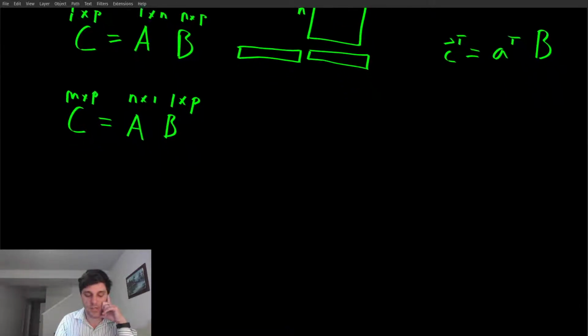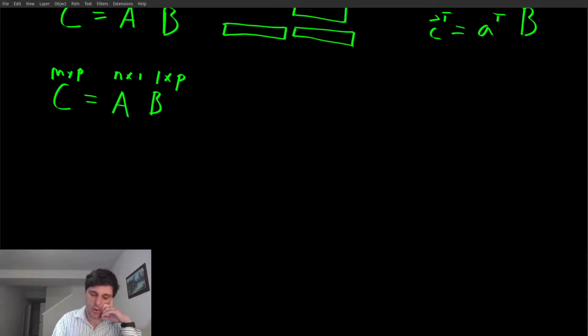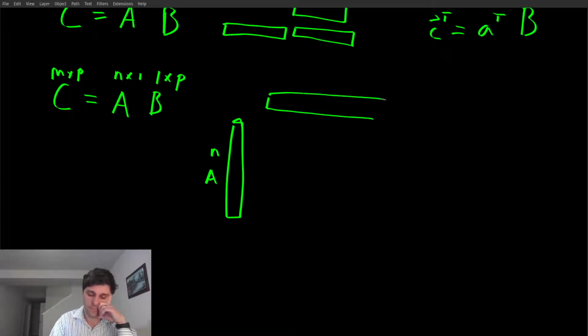This one's actually an interesting one, I think. Now A is a regular m by 1 matrix, which is kind of what we usually think of as a vector, right? And now B has only one row, but p columns.